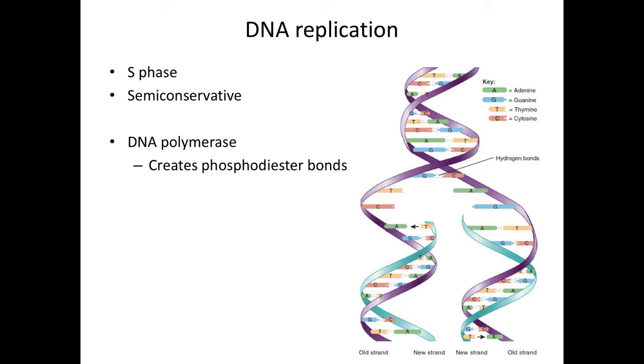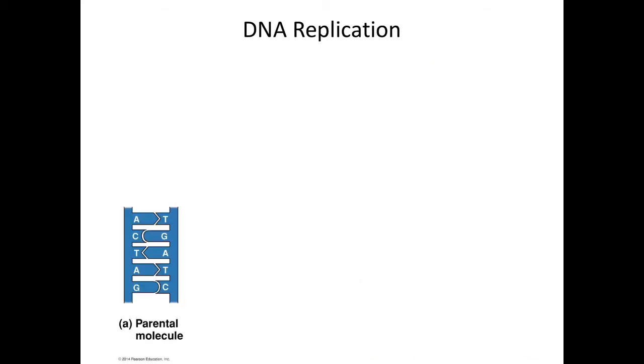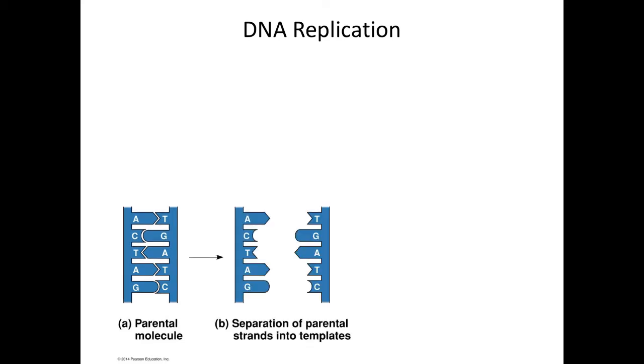DNA polymerase is different than RNA polymerase in that it can also fix mistakes in the complementary base pairing. It has a proofreading function. So DNA synthesis starts during S phase. The parental molecule is separated into two templates. Unlike transcription, once the strands are separated, they'll never again go back to the other parental strand.